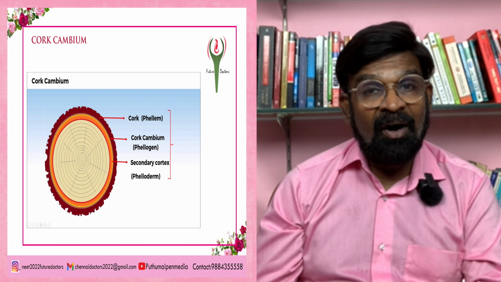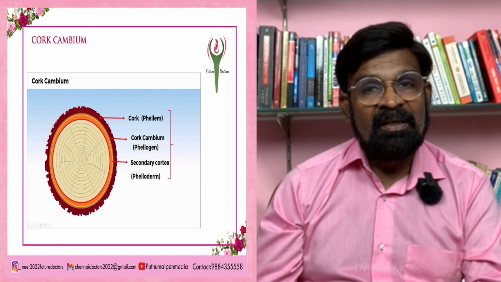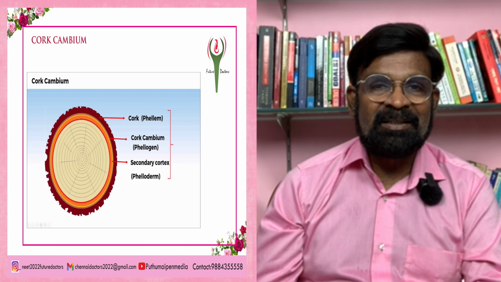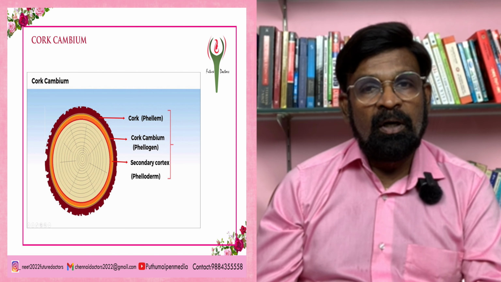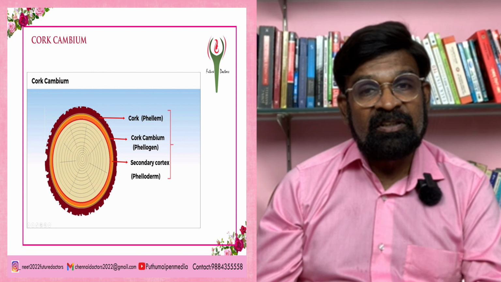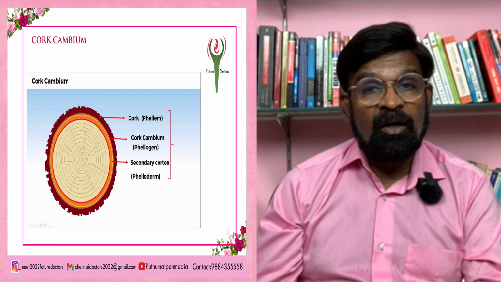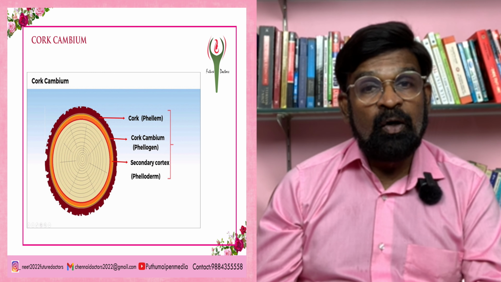Meristematic tissue, cork cambium or phellogen, develops usually in the cortex region. Phellogen cuts off cells on both sides. The outer cell differentiates into cork or phellem, while the inner cell differentiates into secondary cortex or phelloderm.